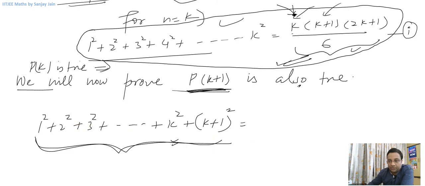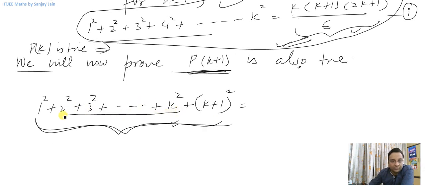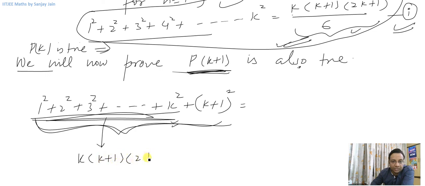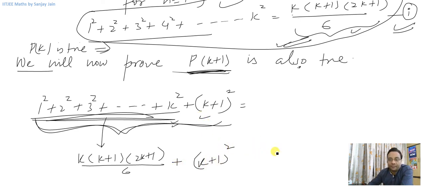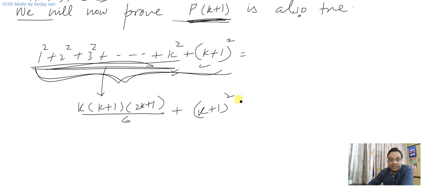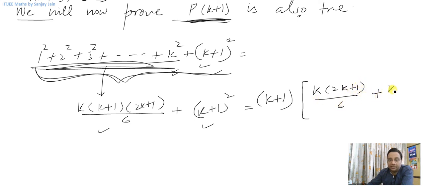We know up to k squared, based on the first statement, I can write this expression as k(k+1)(2k+1) upon 6, and then plus this (k+1) squared. Now I can take (k+1) common from these two expressions, so k+1 outside, and then I'll have k(2k+1) divided by 6 plus k+1.